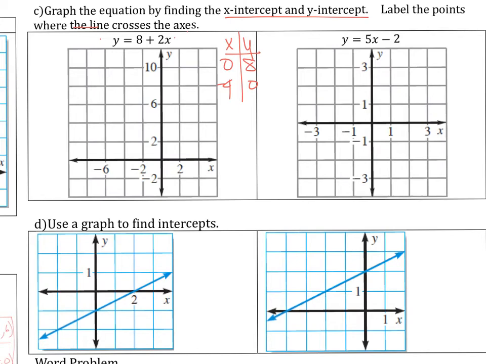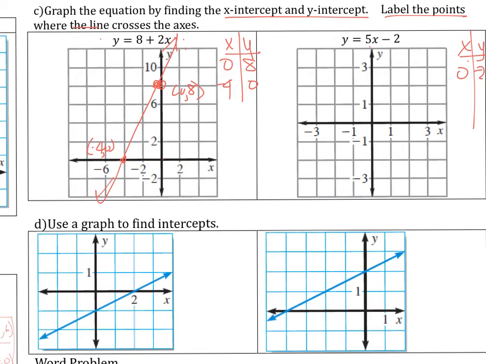Go ahead and plot my intercepts. So 0, 8. Okay, it says to label the points. And -4 goes here. And now, here we have x, y. X is 0. Y is -2.